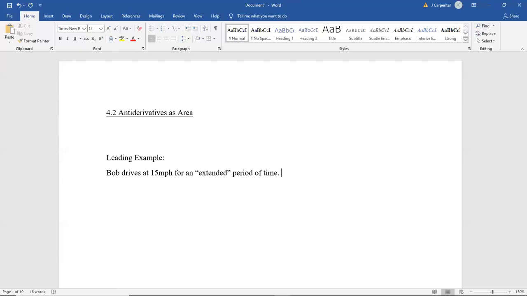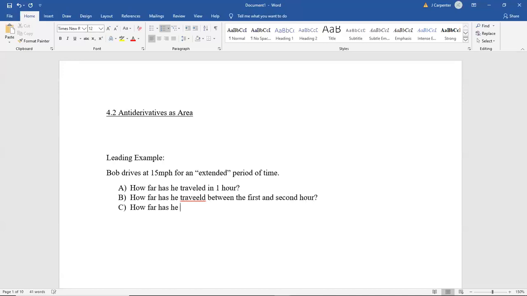So Bob drives at 15 miles an hour on his scooter for an extended period of time, an hour, a day, a month, something like that. Let's ask a couple of questions. How far has he traveled in 1 hour? How far has he traveled between, I'll fix that in a second, the first and second hour?